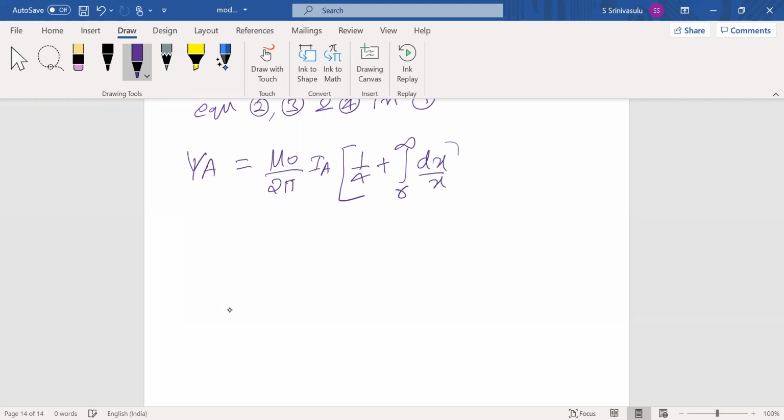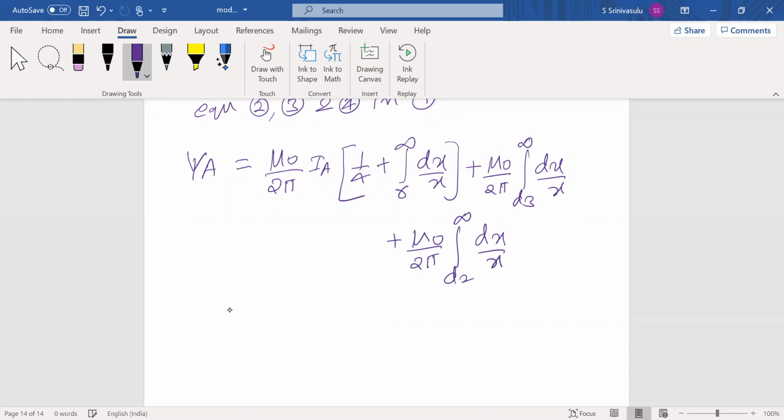Again, this is psi A plus, what is psi B? Psi 1B is mu naught by 2 pi integration D3 to infinity dx by x, plus psi 1C, that is mu naught by 2 pi integration D2 to infinity dx by x.